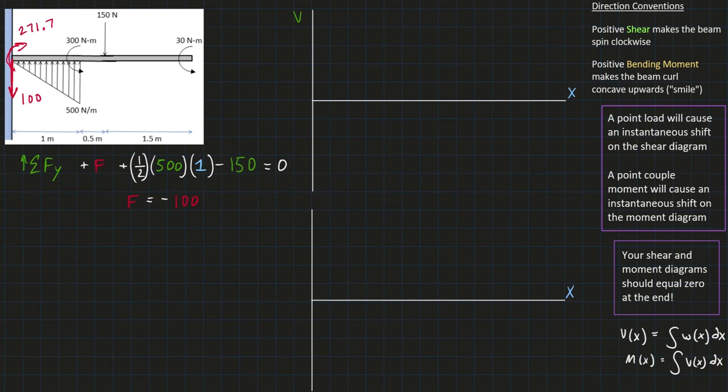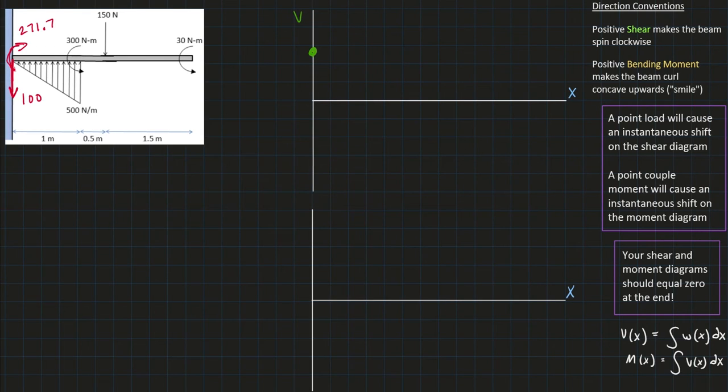Alright, now I can start my shear process. I'll find all the shear, and then I'll find the moment diagram. So I need to determine the very first point on my shear diagram. I'm going to look at the very first cut at x equal to 0. So what's happening on this cut? Well, there's 100 from the wall, and I got this 271. My positive shear is going to be this way, wanting to make the section spin clockwise.